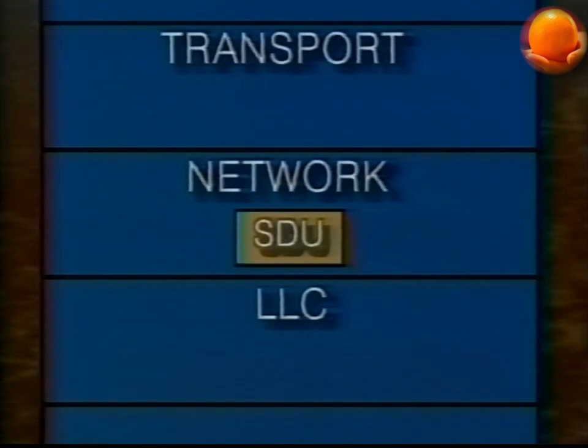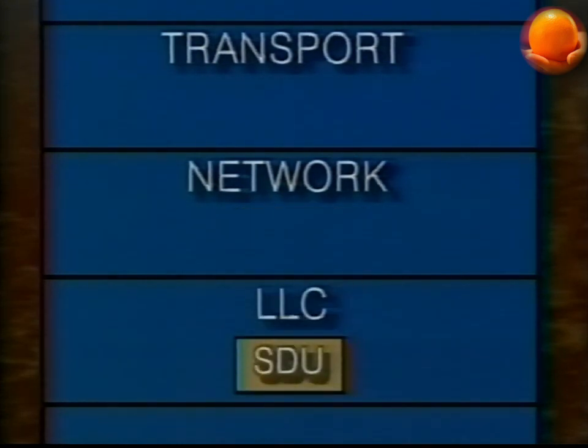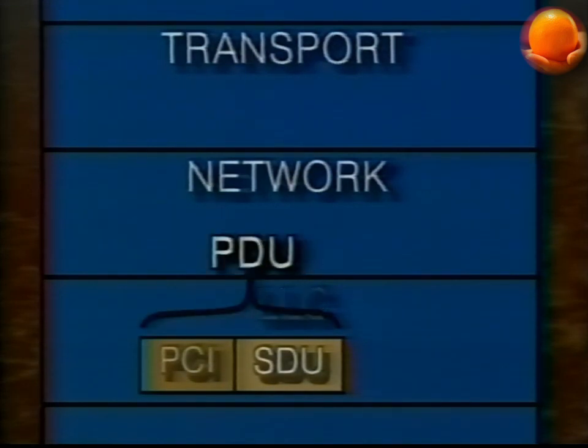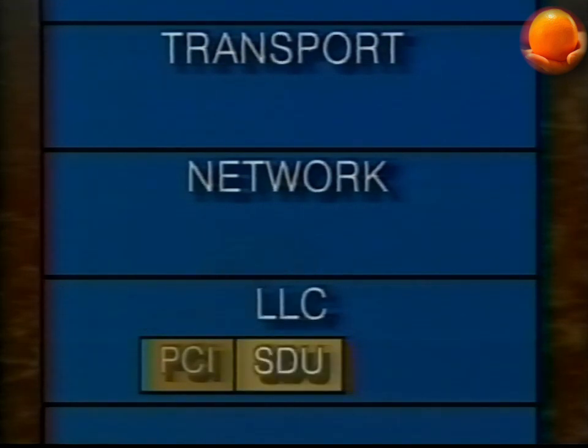When a layer or sublayer entity receives a service data unit from a higher level layer or sublayer, it adds protocol control information, or PCI, to the SDU to create its own protocol data unit. There is often a one-to-one relationship between the SDU that a layer accepts and the PDU that it creates.